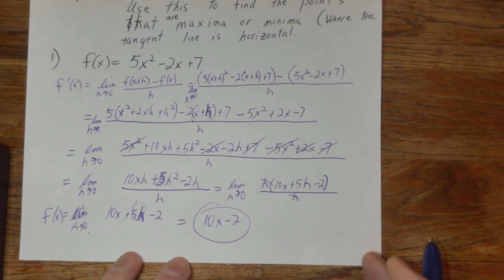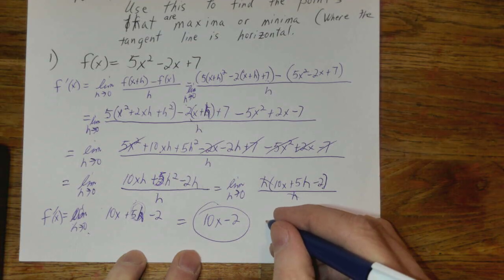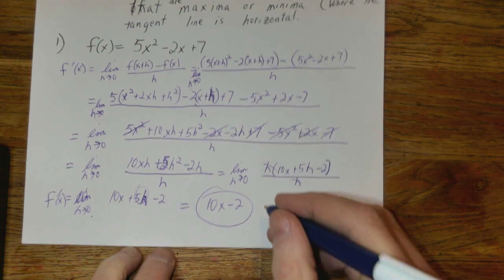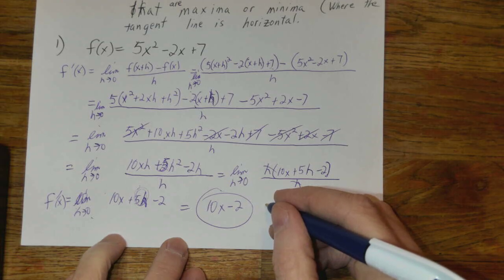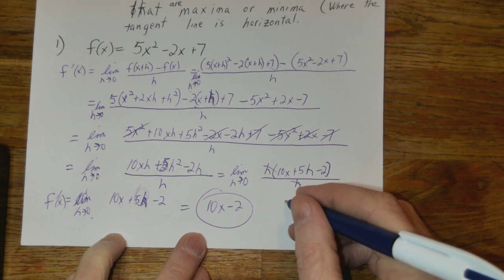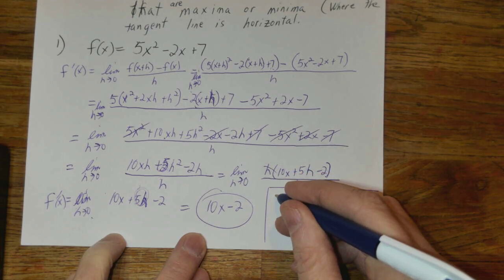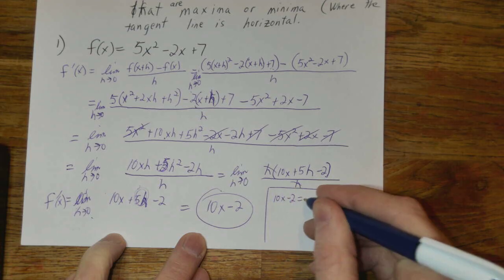Now the question is where does that, so the f prime of x is 10x minus 2. We are now going to set 10x minus 2 equal to 0.